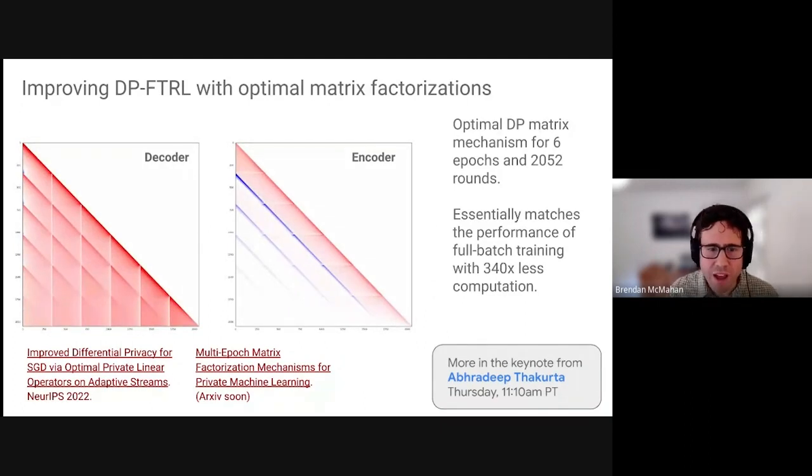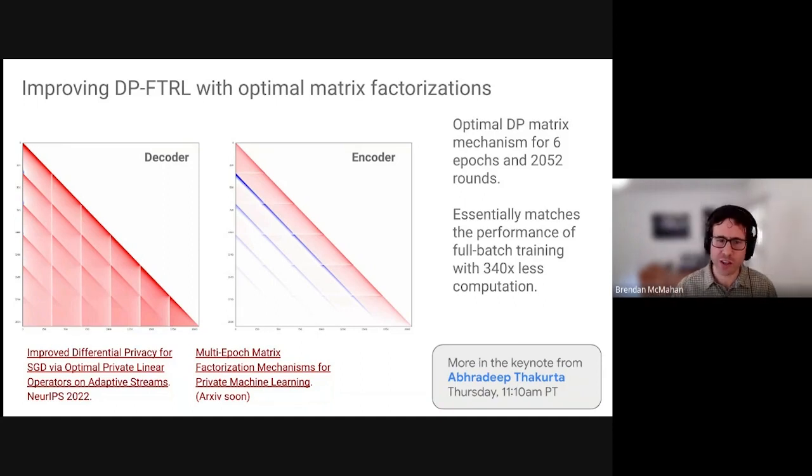And as I said, I won't have time to really dive into these technical details. But we've been continuing to improve the DP-FTRL algorithm by replacing tree aggregation with optimal matrix factorization-based DP mechanisms. So this slide is really just a teaser. I've included the two matrices that define the optimal mechanism for a particular training instance here, because I think they're pretty cool looking.